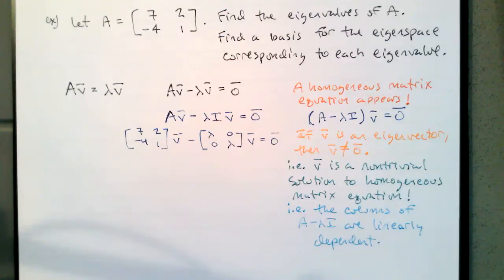So that means a lot of things. That means the matrix A minus lambda I does not have a pivot in every column. Since A minus lambda I is square, that means it does not have a pivot in every row. That means one of the columns of A minus lambda I is a linear combination of the others. Since A is a 2 by 2 matrix, the columns of A minus lambda I are multiples of each other. And the other conclusion that we can draw is that the matrix A minus lambda I is not invertible.